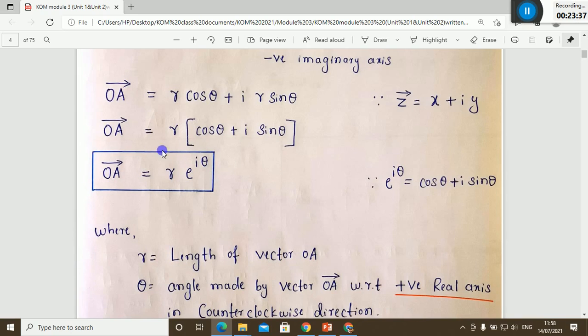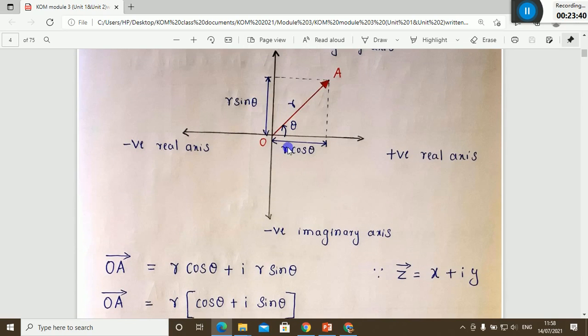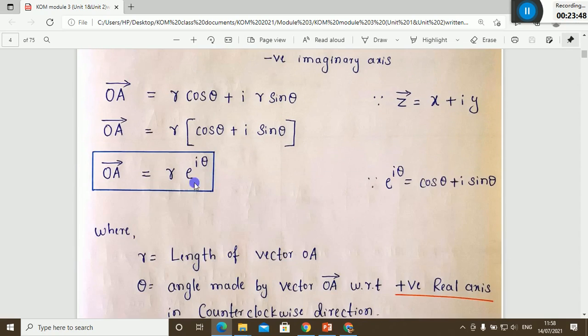The displacement of any vector OA having length r and the angular displacement theta in a counterclockwise direction with respect to the positive real axis can be denoted as r multiplied by e raised to i theta. Only this formula is sufficient. And this e raised to i theta is nothing but cos theta plus i sin theta.